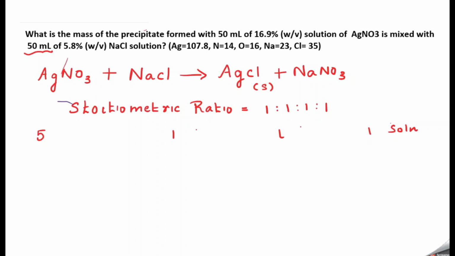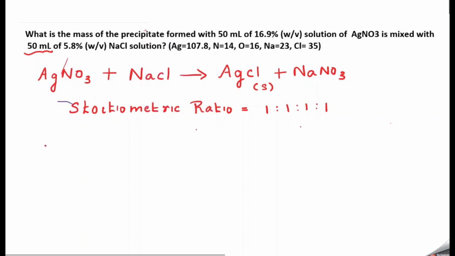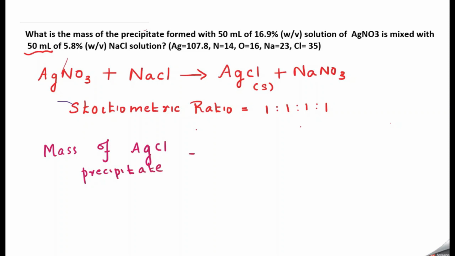The last step is to find the mass of the precipitate. So I will write that finally. The mass of the AgCl precipitate: how can we find it out?